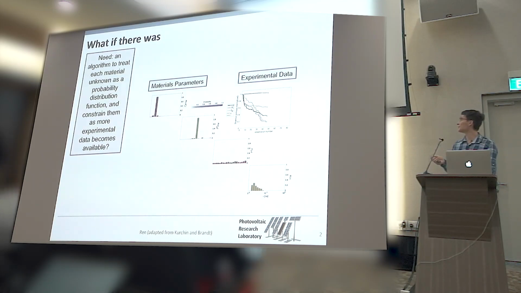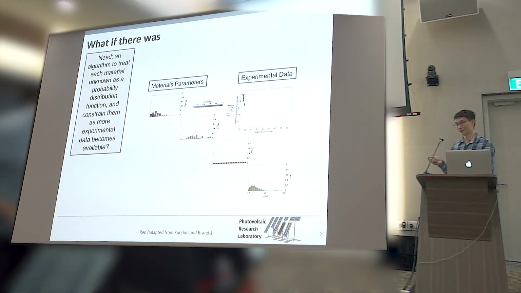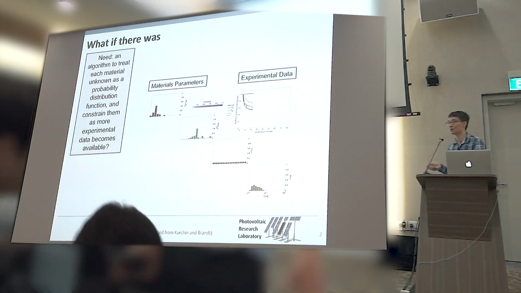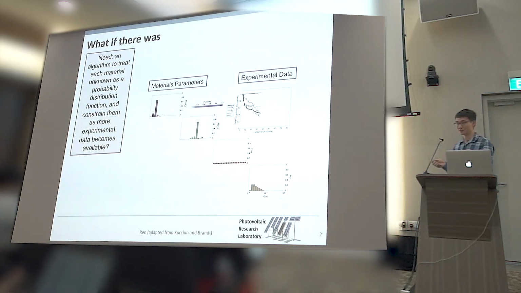What you are seeing here, these four figures on the diagonal, is the probability distribution of 13 unknown parameters for a solar cell device. On this graph, as we see more and more observations from our experiments, the probability distributions of all those unknown parameters start to converge. So it's becoming more and more constrained.